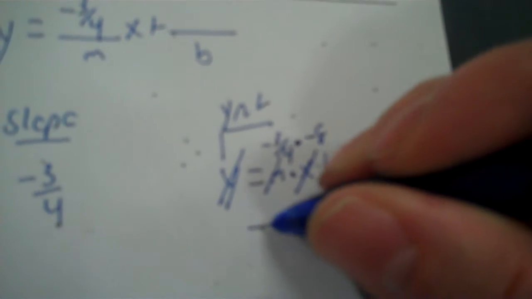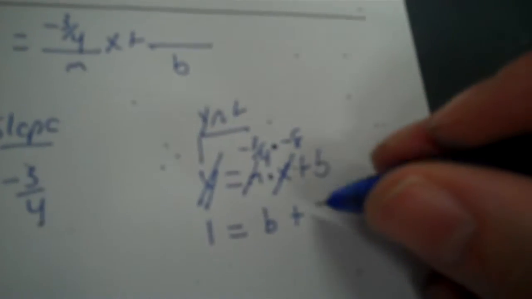Then this is x, this is y, so y is 1, and x is negative 8. Plus, put your b in front. Now I find that product probably on a calculator. Negative 3/4 times negative 8 is 6. Now you take out your 6 by minusing 6. And then 1 minus 6 is negative 5. So negative 5 is your answer.